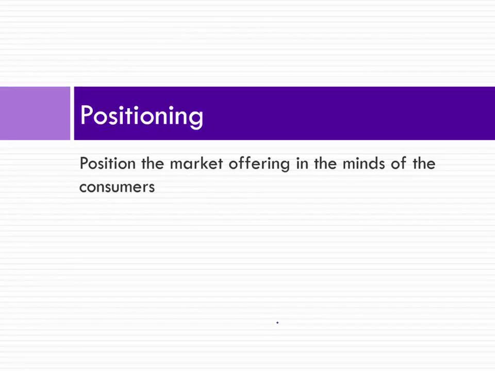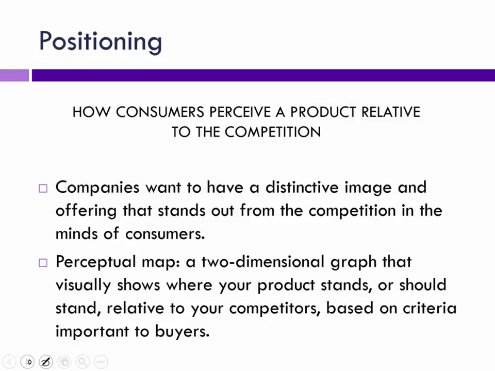And the faster something comes to mind as soon as you say that name, the more effectively they have positioned themselves. So how they conceive it is related to the consumers. I always think of Craftsman tools as generally good quality. You want to have a distinct image that stands out from the competition, and that's really important.